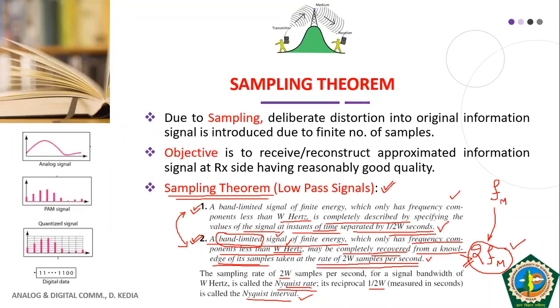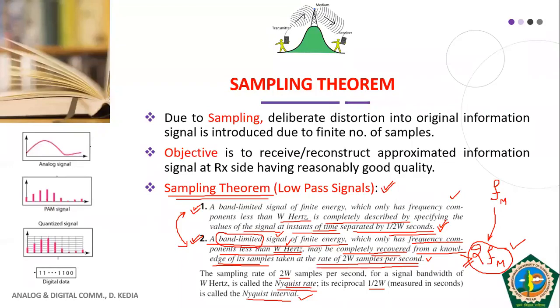Means the samples that we are considering in that signal must be separated by 1/2W second, the reverse of 2W samples per second. Okay, so this is how we state the sampling theorem. I hope all of you have been able to understand the statement of the sampling theorem.